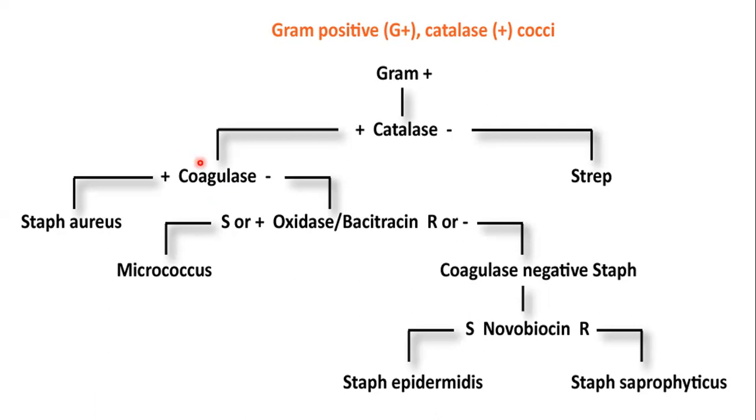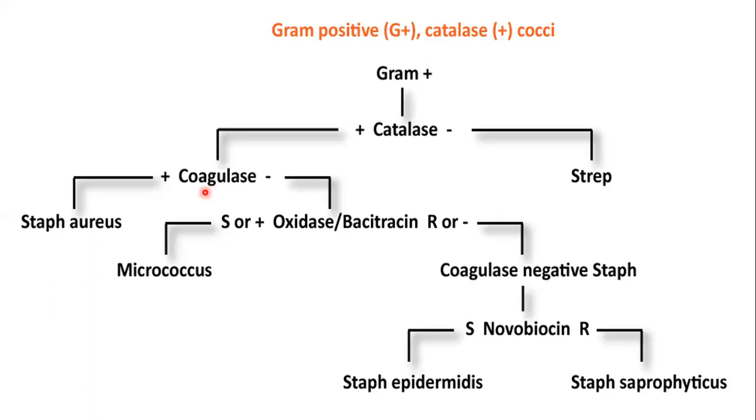And if you can still recall, coagulase test may be done using two methods. Okay, tube method to detect free coagulase, and slide method to detect your bound coagulase. Now, a positive result for a tube coagulase test is presence or formation of fibrin clots, whereas a positive slide coagulase method is denoted by formation of agglutination.